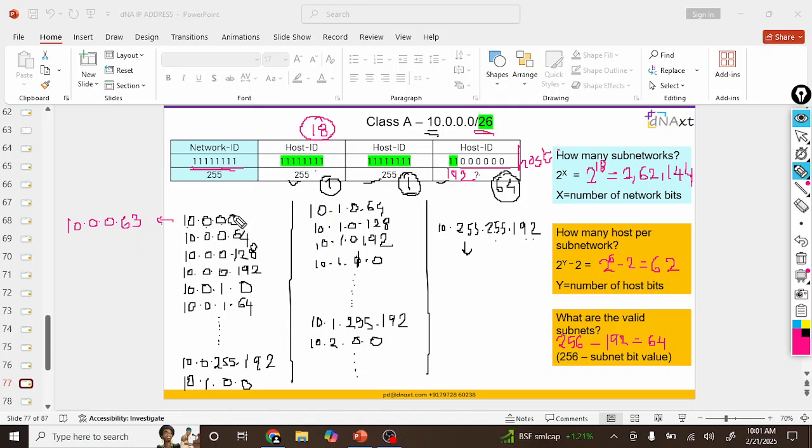So from 1 to 62, you are getting 62 IP addresses. This is your network ID, this is your broadcast ID, this is your starting range, this is your end range, and between 1 and 62 you are getting IP addresses which are available to be assigned to hosts. Okay. So this is all about /26.